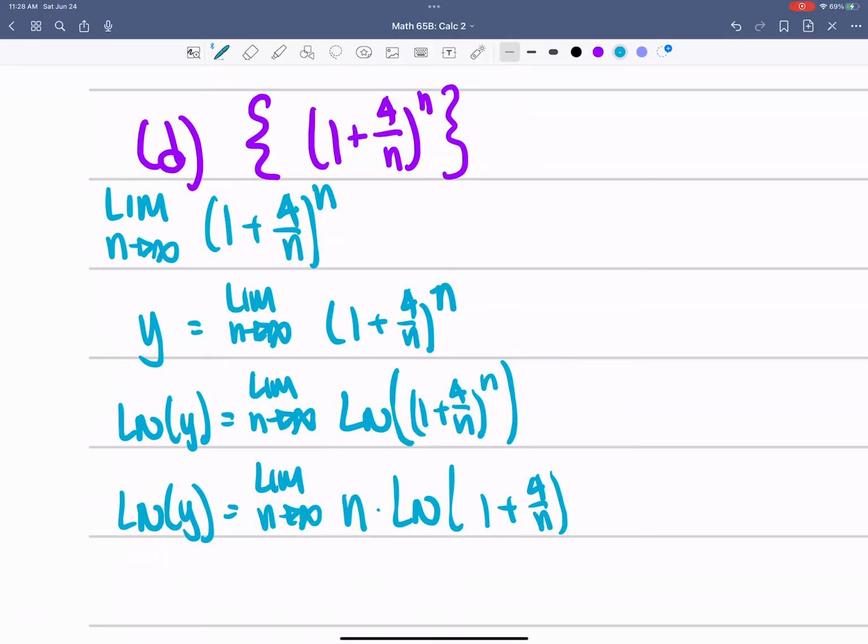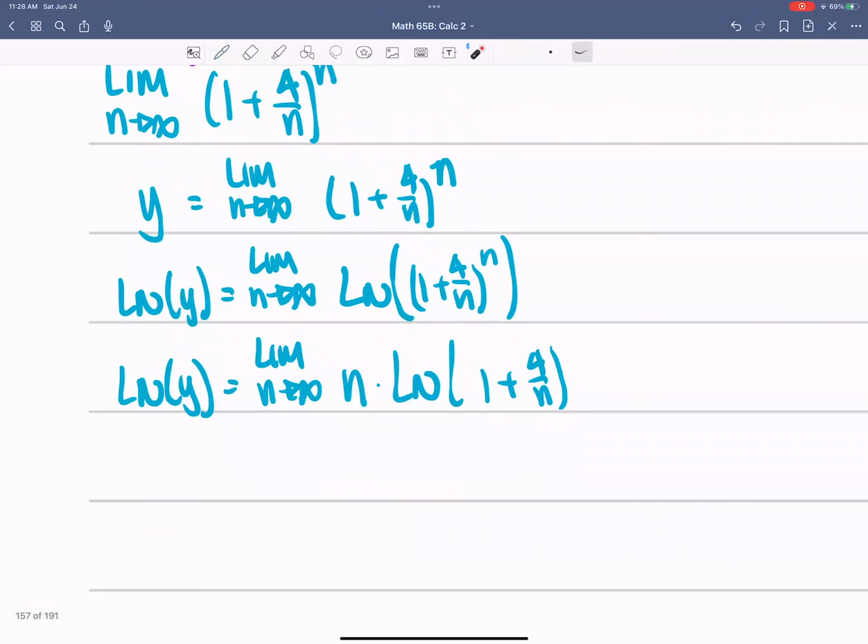Now that we have that, in order to evaluate this part right here, we could turn it into a fraction. So instead of n, I'm going to write this as 1 over n down here.